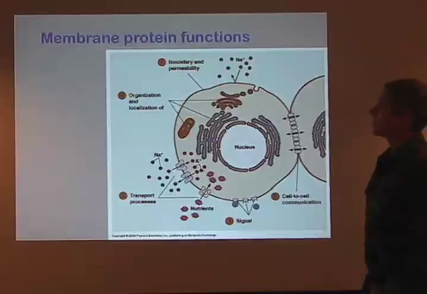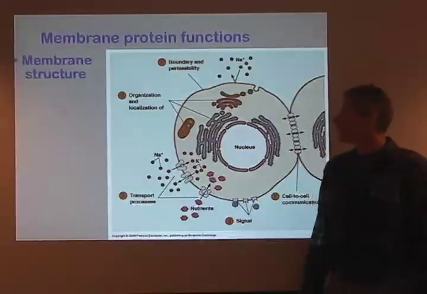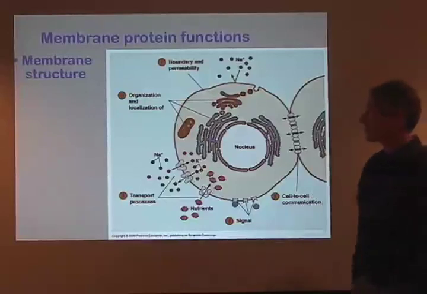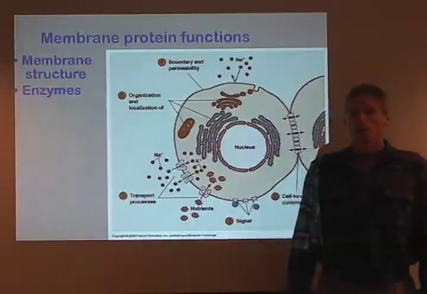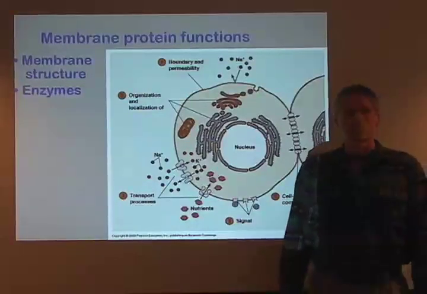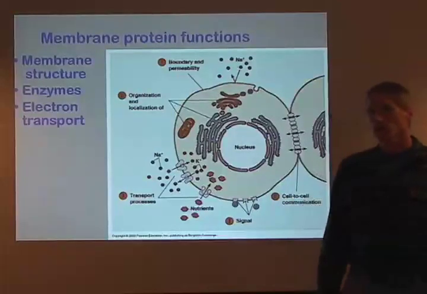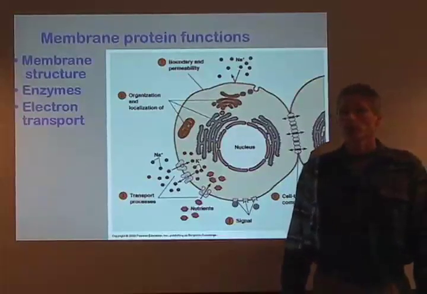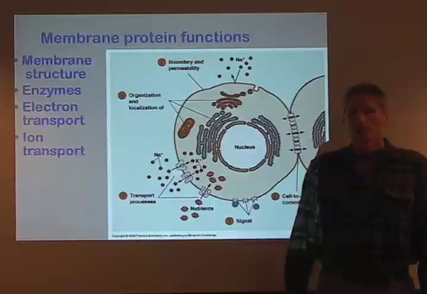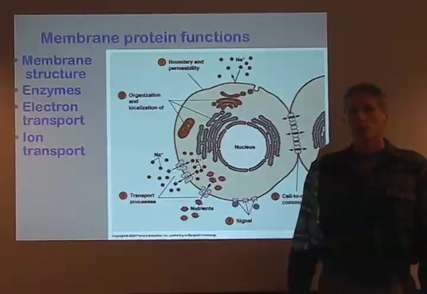Membrane proteins perform a variety of important functions in the cell. They form the structure of the cell. There are enzymes that do various things. They help with the electron transport chain in mitochondria, which I'll tell you about later. They work for ion transport to conduct electricity in neurons.